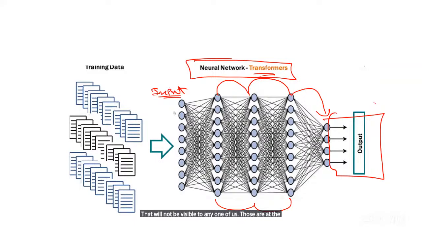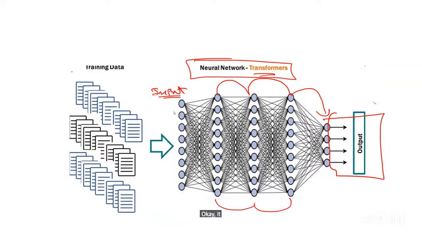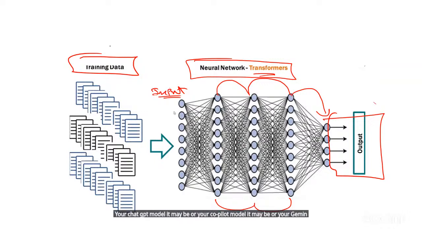The model will run based on the question you asked. It has already been trained with a lot of data, whether it is your ChatGPT model, Copilot model, or Gemini model. All the data with which it has been trained will move into the transformers.